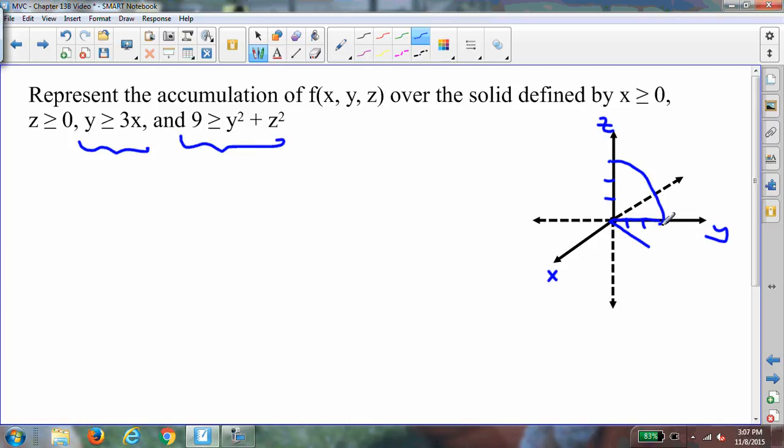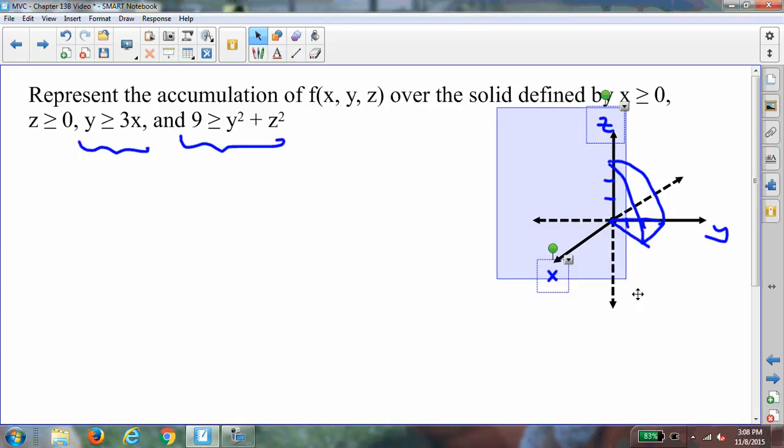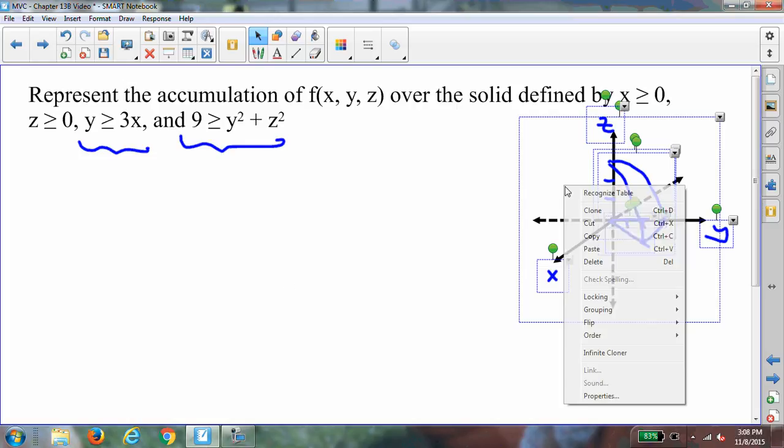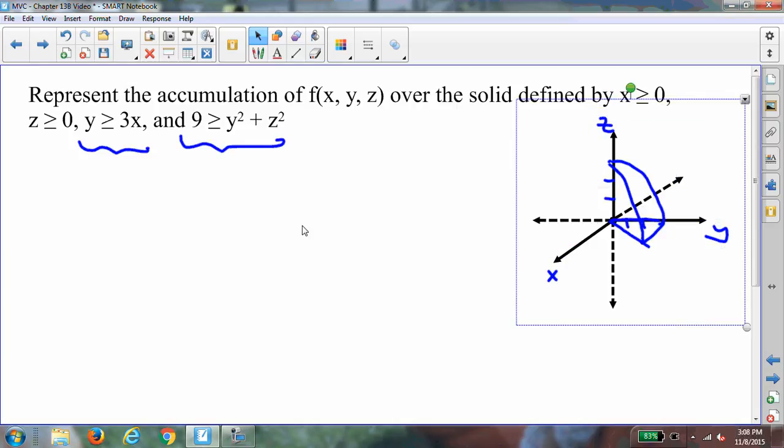So if I draw the rest of the shape, it should look something like that. And I'm going to group this together so I can do some different things with it. Okay, so there is my drawing.